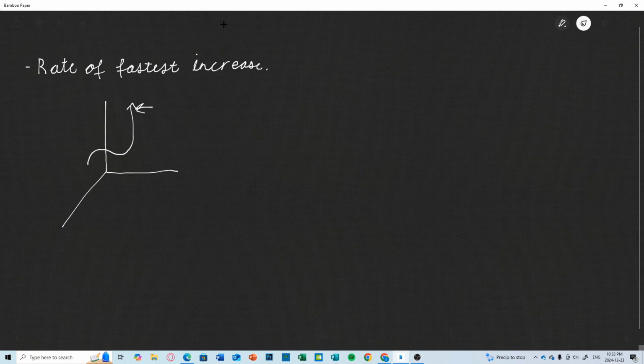What the gradient vector is and how to calculate it: it's going to be the upside down triangle of your function of, here we'll do x and y, and this is just going to be equal to the partial of f with respect to x and the partial of f with respect to y.